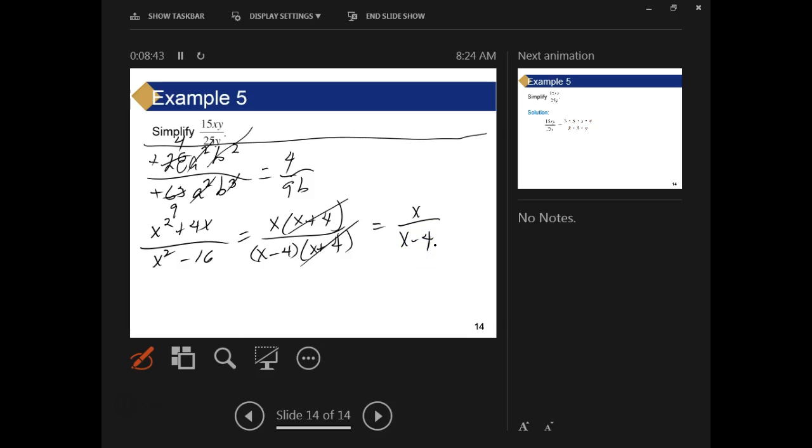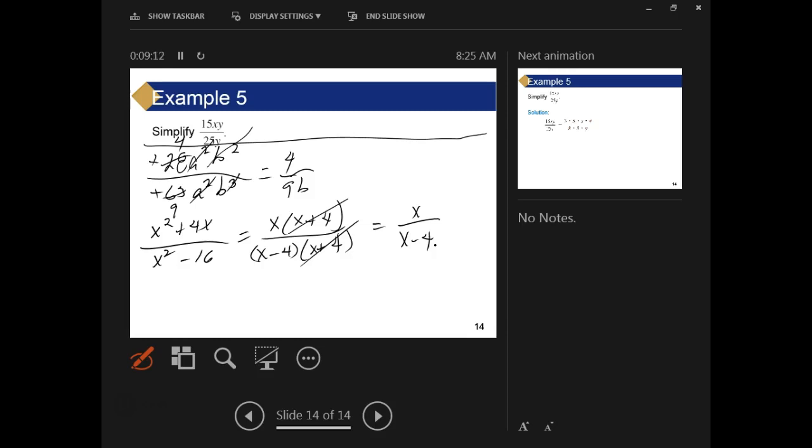Now, this book at this stage doesn't require you to do this, but I still think it's a pretty good idea. In fact, these are just simplifying expressions. If this was an equation, then I would also have said a can't be 0, b can't be 0, x can't be plus 4, and x can't be minus 4.